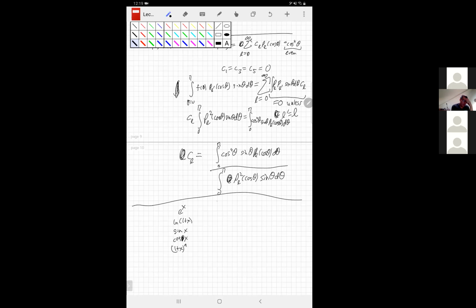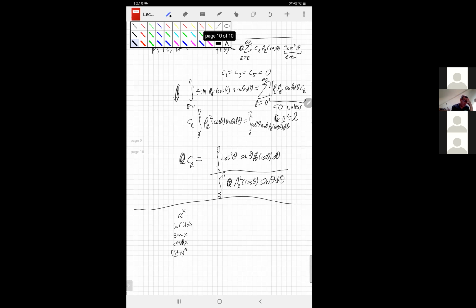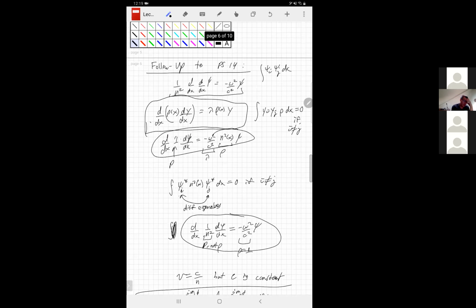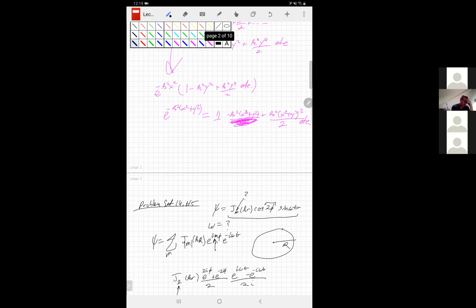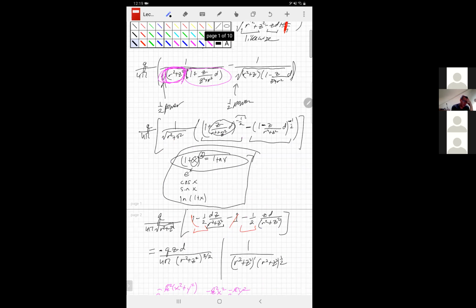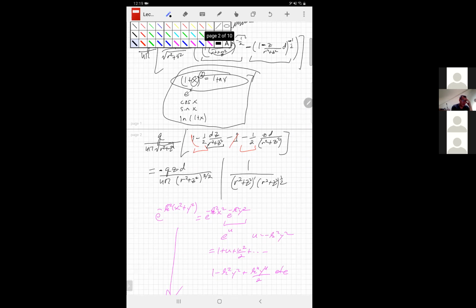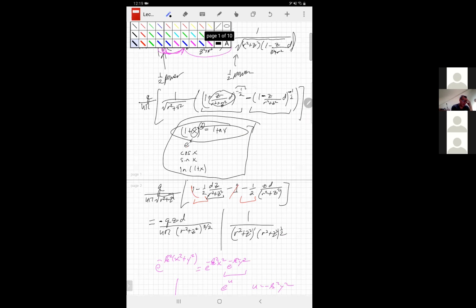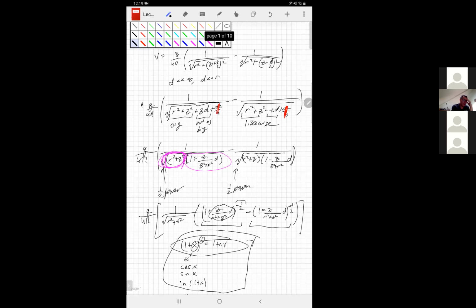And so in the midterm, this is something we went over with the first group, so I'll go back to those notes. In the midterm, we had a problem like this. We had v is some constants times 1 over this square root minus 1 over that square root.